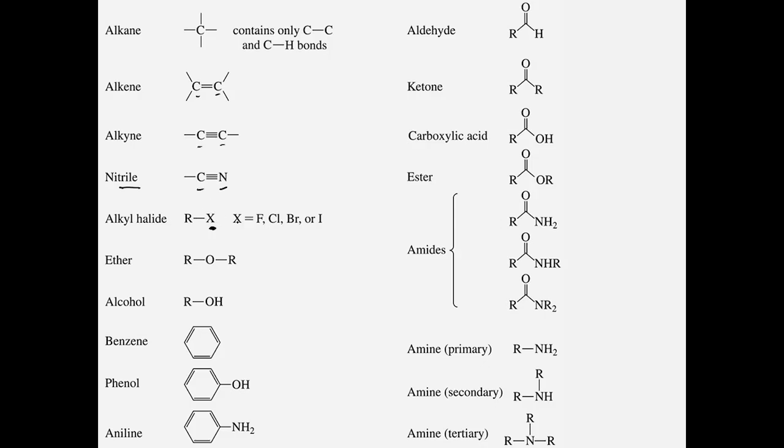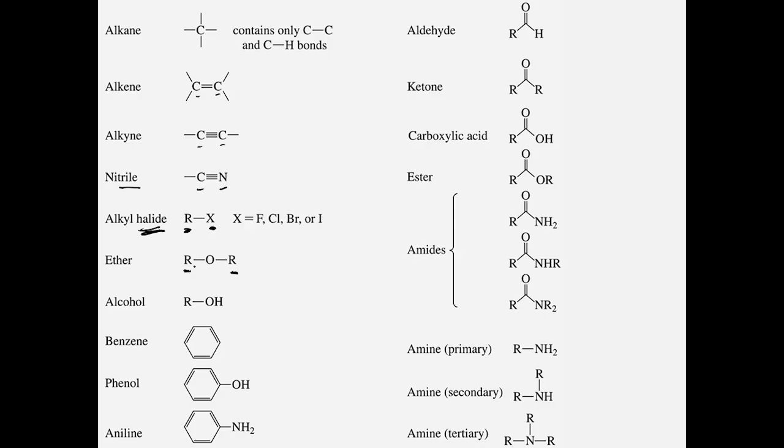If the X or halogen is attached to a carbon, here R representing any carbon-based group, could be alkane, alkene, or alkyne, we call it an alkyl halide, or simply a halide. Again, R here represents any carbon-based functional group, alkane, alkene, or alkyne.